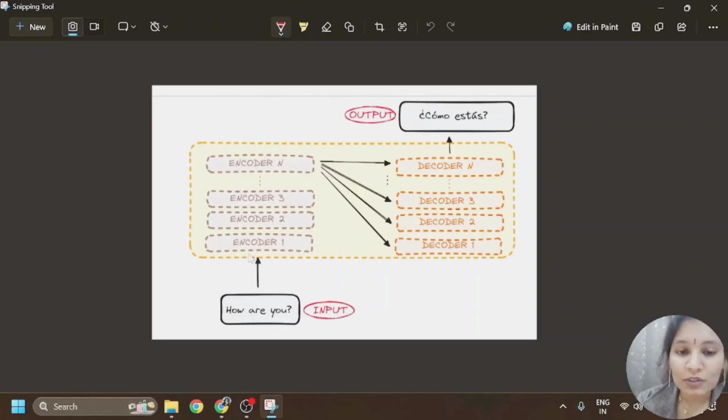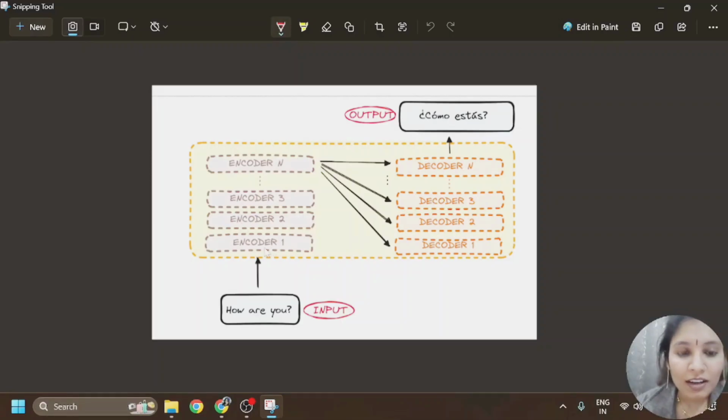So let's assume n layers in the encoder and n layers in the decoder. All the encoders have the same structure, and the input goes through each of them: encoder 1, encoder 2, encoder 3, up to encoder n. The input goes into each of them and is passed to the next one.